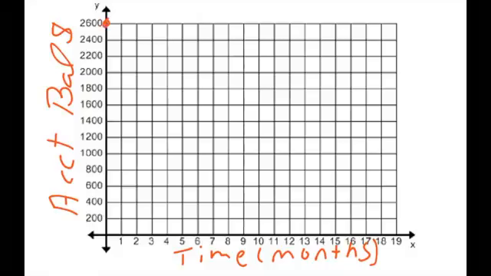But I'm actually going to just do a little bit of a shortcut here. I can see that I go from 2,600 down to 2,000, that's 600, and that's every 4 months. So I'm going to go ahead and just put a dot there. It's going to make it easier to connect. Then I'm going to do it again, down 600 over 4, over here to 8, down 600 over 4, then down 600 over 4.